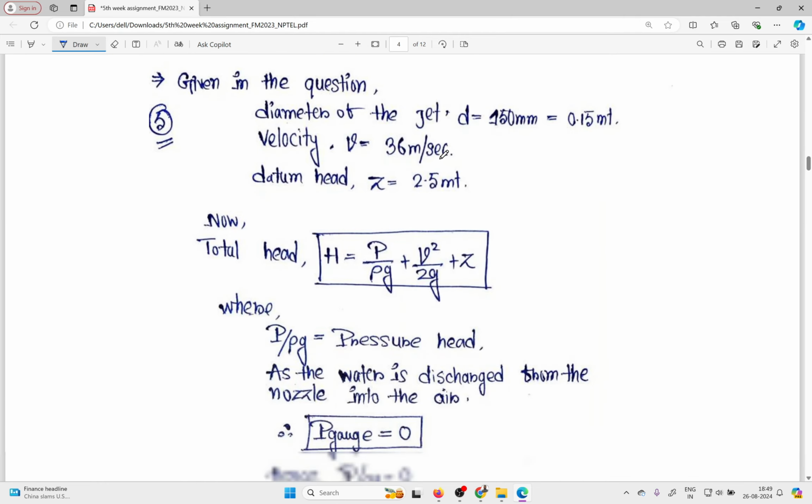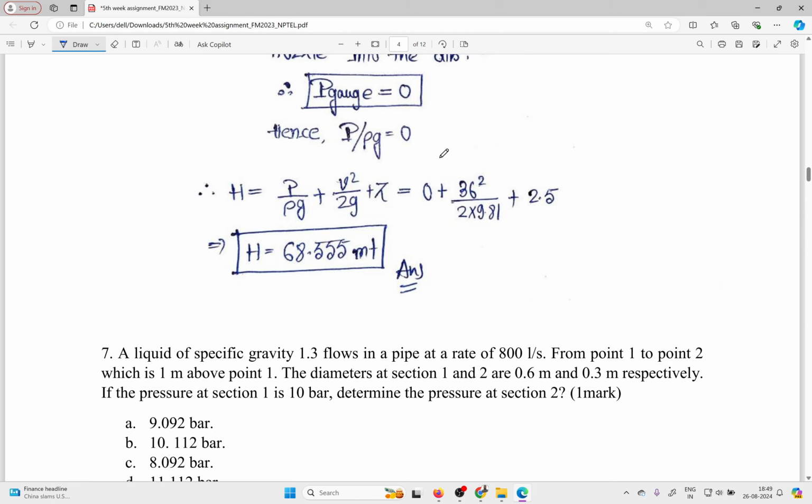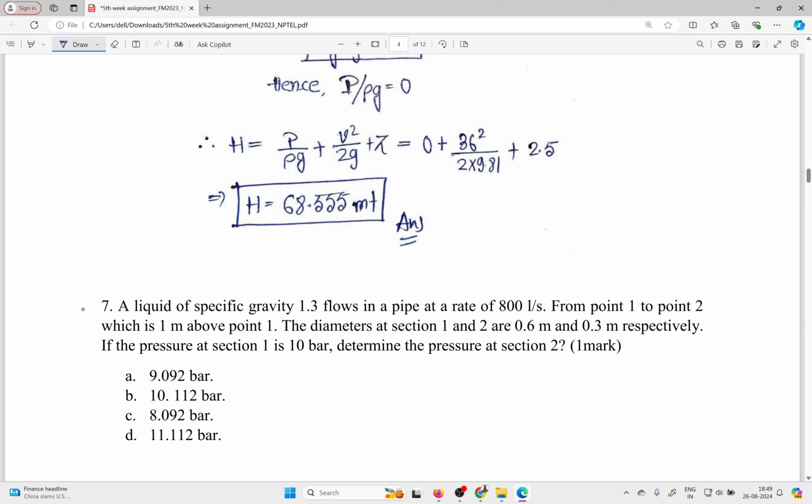Next question is about a liquid of specific gravity 1.3 flowing in a pipe at a rate of 800 liter per second from point 1 to point 2, which is 1 meter above point 1.